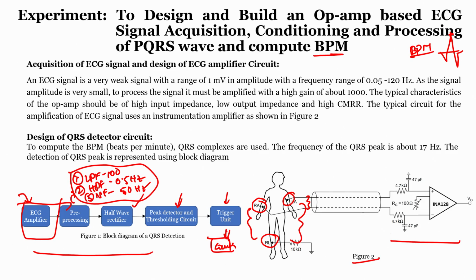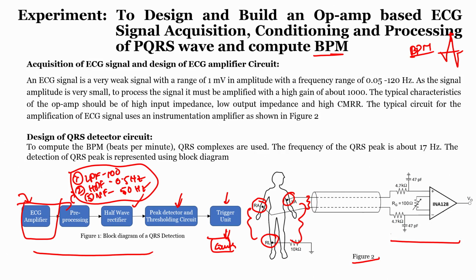So, if I can do all these conditioning and processing circuits using operational amplifiers, it will be very great. Now, we will see how we can design all such things, how to extract the ECG signal from our human body, and how we visualize the signal in our CRO. Everything we will show you in this case study experiment.